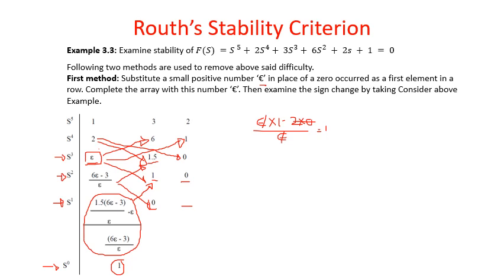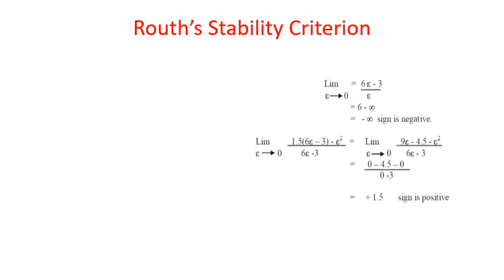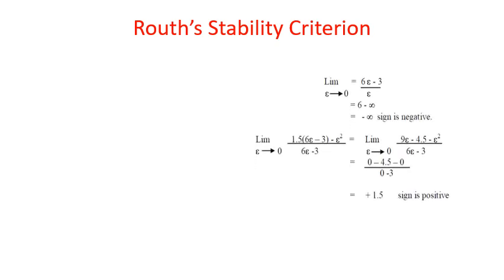Now next, using this column, whatever elements we had, we are going to take them to examine the sign changes. So let's take the first element, which we had earlier, 6 epsilon minus 3 divided by epsilon.